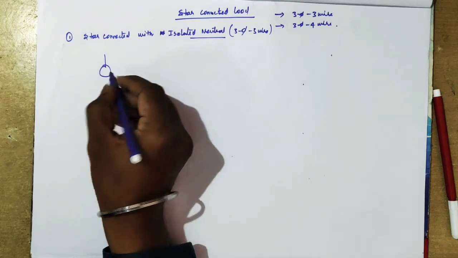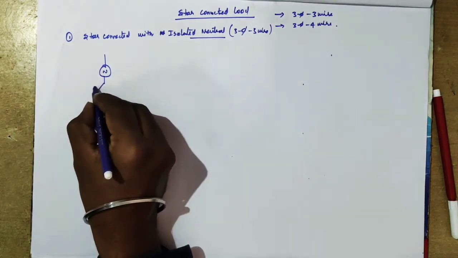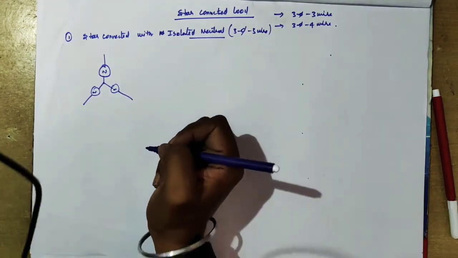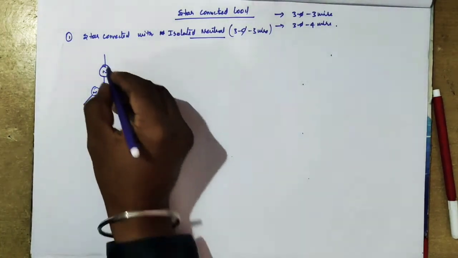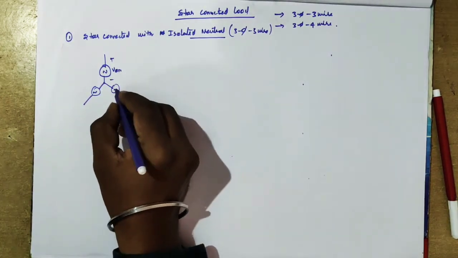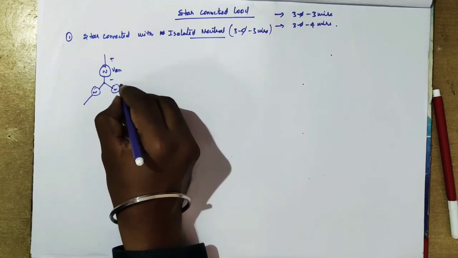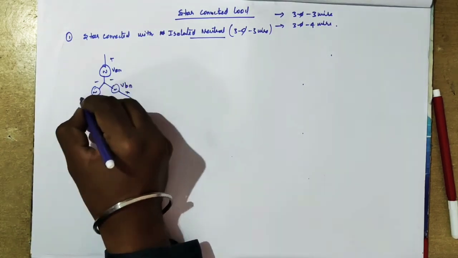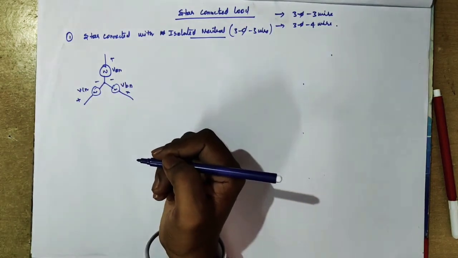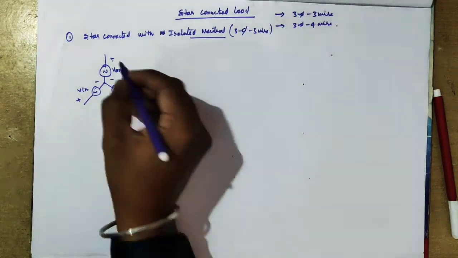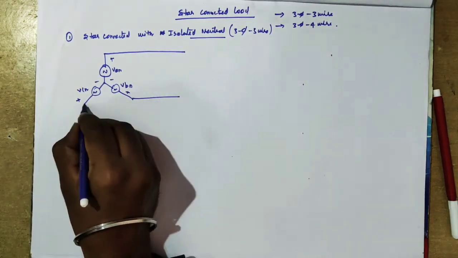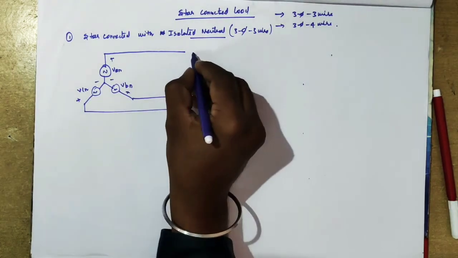For understanding that, I am taking the source here. This I'm representing as VAN, and this is VBN, and this is VCN. A phase, B phase, and C phase. Now I have to connect this to the load, right? My load is a star connected one.